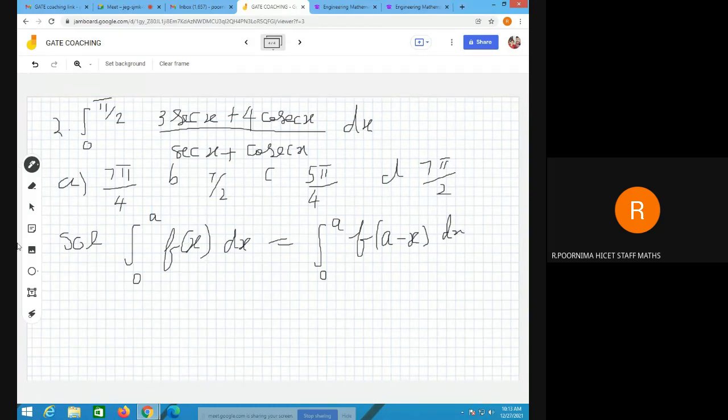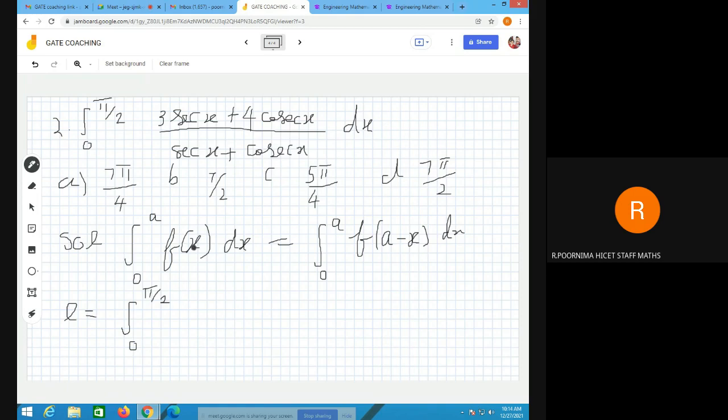Now first, consider some limit L. We are assigning L equal to the first term, integral 0 to a f of x dx, whatever is given in the question. You just write integral 0 to pi by 2. Here a is pi by 2 as given in the question.